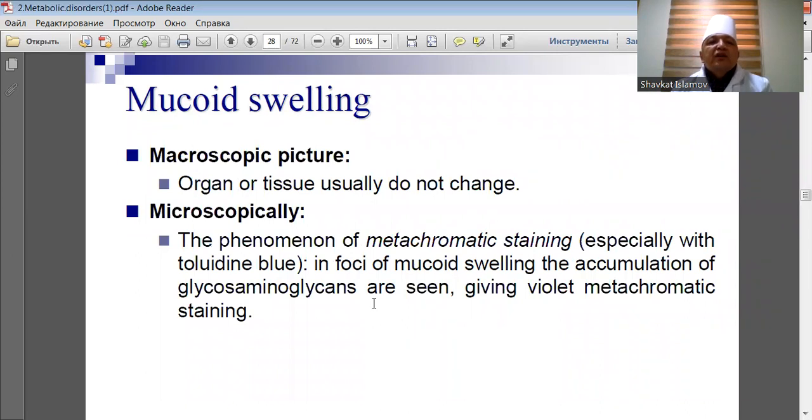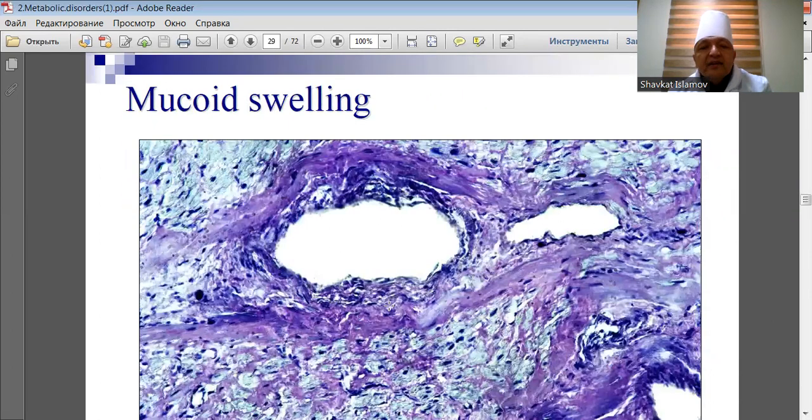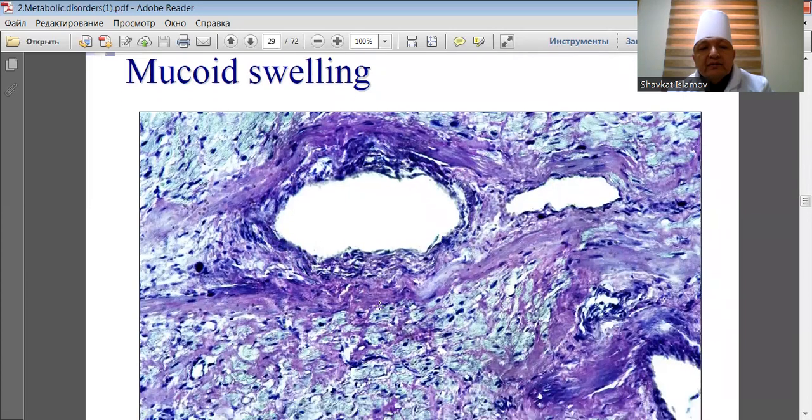Macroscopic picture: the organ or tissue usually does not change. Microscopically, the phenomenon of metachromatic staining. In photos of mucoid swelling, the accumulation of glycosaminoglycans is seen as violet metachromatic staining.